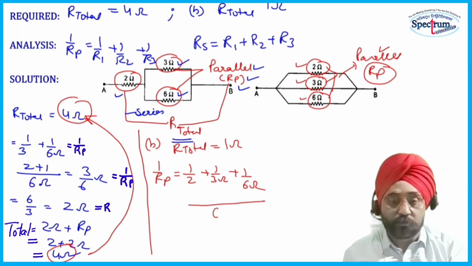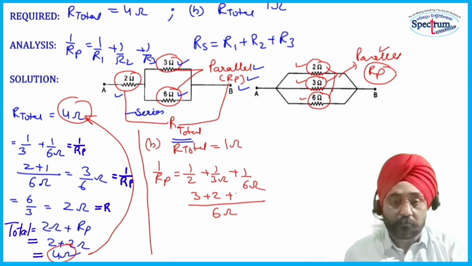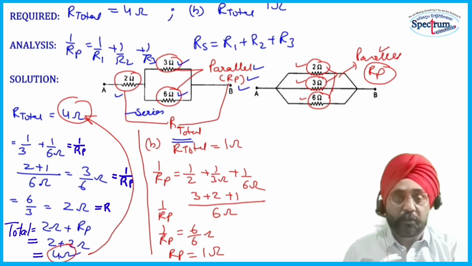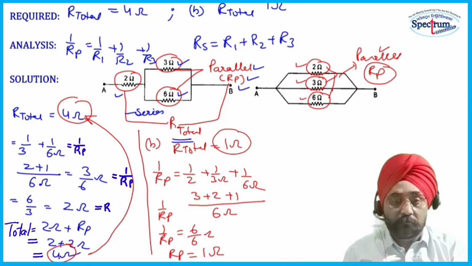LCM comes out to be 6 ohm. RP comes out to be 1 ohm, which is what we needed, 1 ohm.